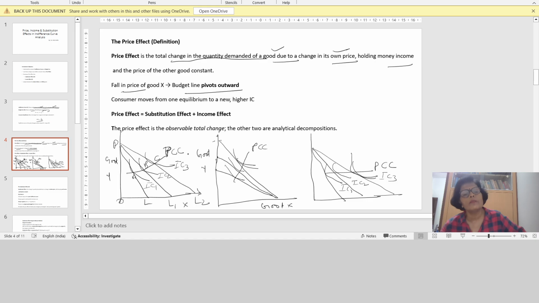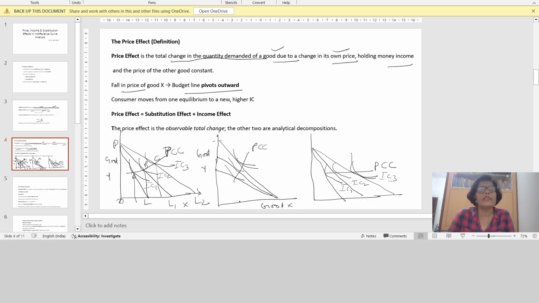PCC means price consumption curve. In this diagram, you can see that as the price of commodity X decreases, the demand for commodity X increases. So this shows the price effect. The consumer moves from one equilibrium to a new higher IC, that is from IC1 to IC3.